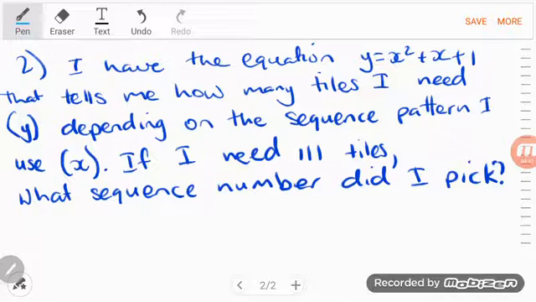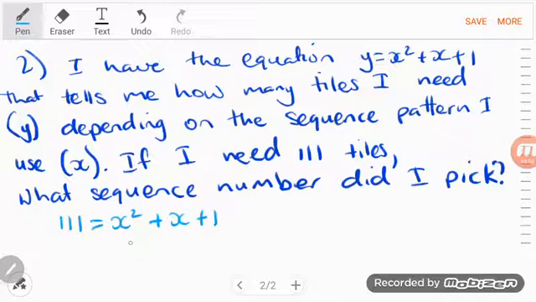Okay. So, step 1. Stick our number into our equation. If y is equal to 111, 111 is now equal to x squared plus x plus 1. Let's rearrange this to equal 0, shall we? So let's collect our like terms.